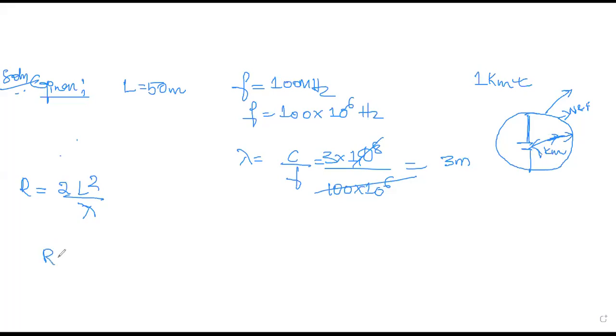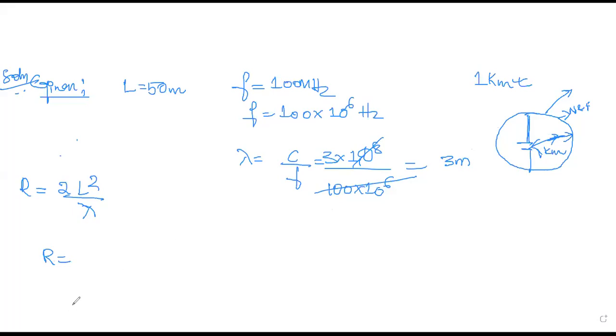Now what do we have to find out? If you find out R, how does the R value relate to your 1 kilometer? How do you define whether it is near or far? If it is greater than this 1 kilometer, the value you get here, then it will be far field.